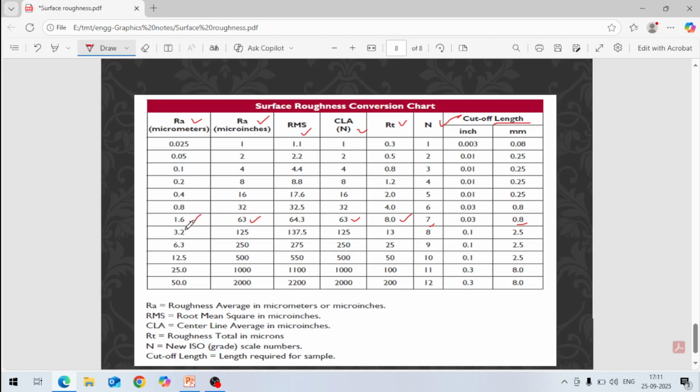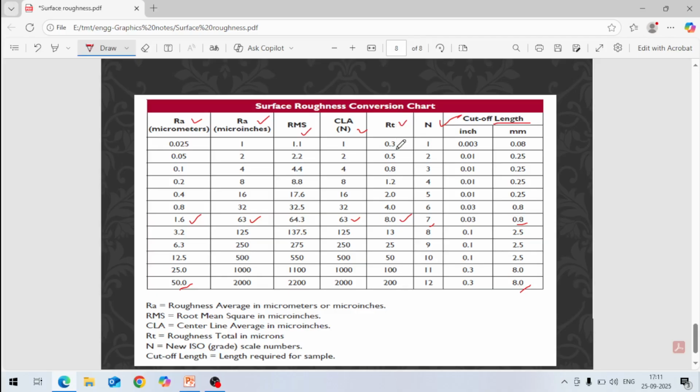Similarly, if the surface is very rough, say 50 micron, then we take 8 mm sampling length. So the sampling length also increases. It is directly proportional to the RA value like this. So this way we can compare it.